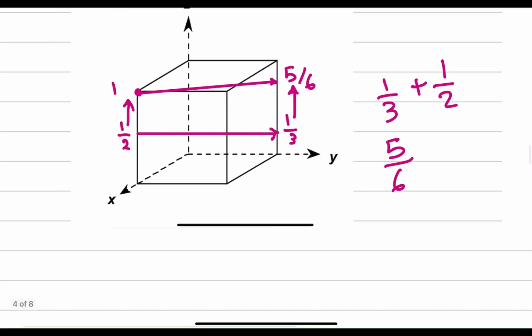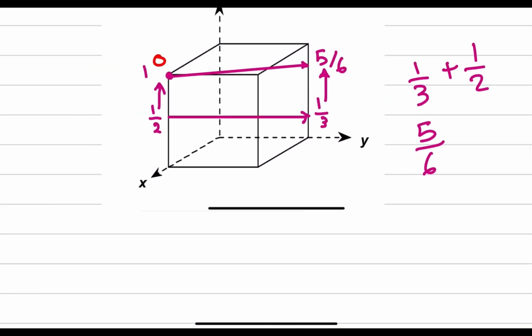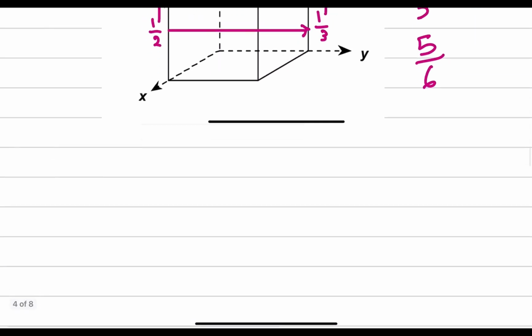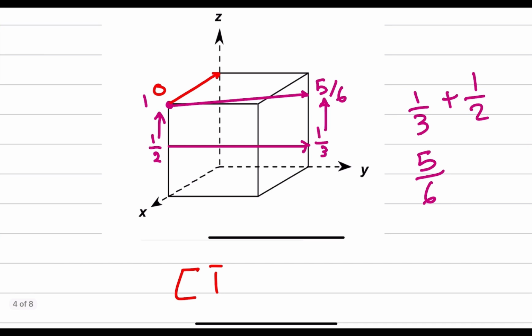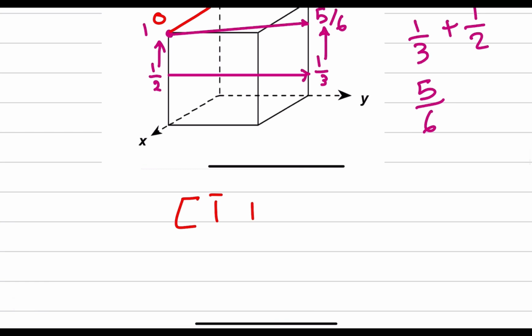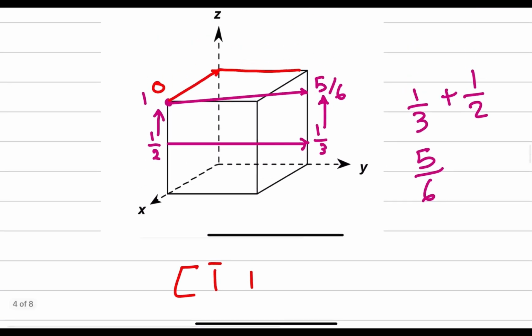Now we will write the direction. So this is the origin. We moved minus 1 in the x-axis, and then we move 1 in the y-axis, and then we move down by, this is 5 over 6, right?